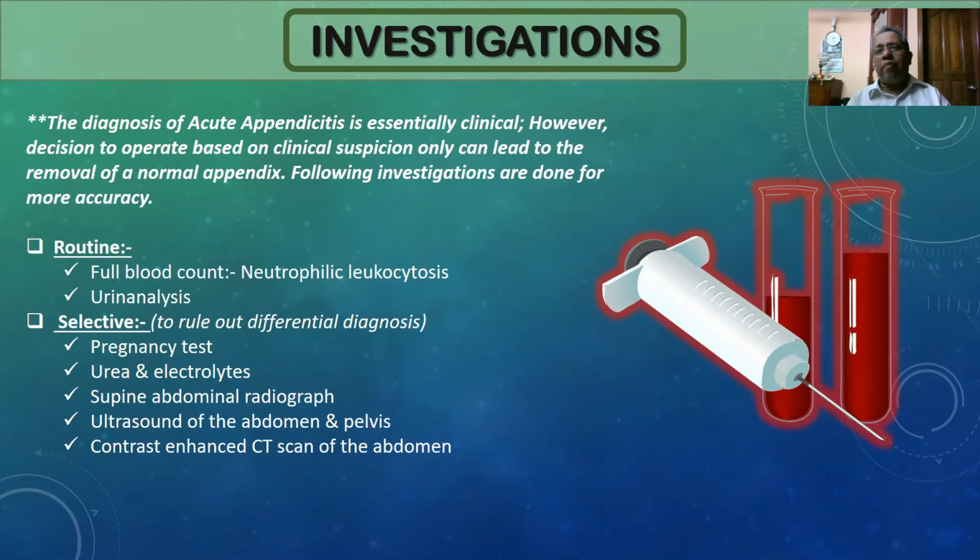So what are the findings you can find in case of ultrasonography? Ultrasonography can help you and can confirm your diagnosis to some extent, sometimes more confirmatory. Because whenever you do an ultrasonography, it can give information about the structures on the right side of the lower abdomen and in the pelvic cavity.